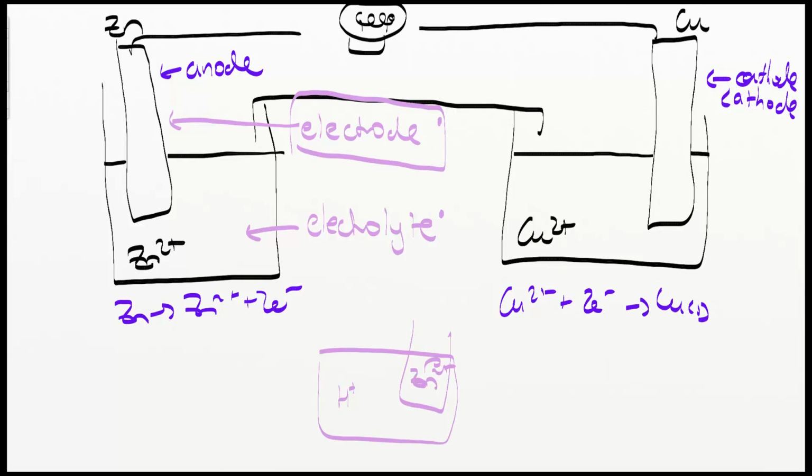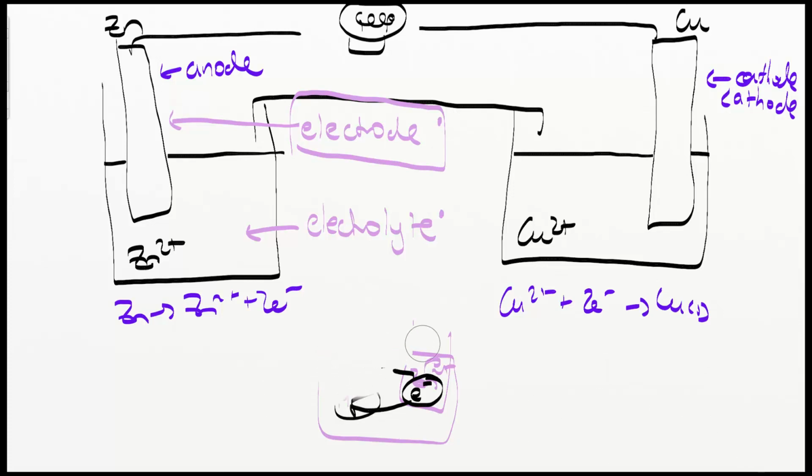So zinc here would have become zinc 2+, and there's electrons left in the solid. When the electrons then jump to the hydrogen, think of it as a transfer of electricity from the solid state to the liquid state, because the hydrogens are in the aqueous solution. So that's the purpose of an electrode, to transfer electricity or charge between the solid state and the liquid state.